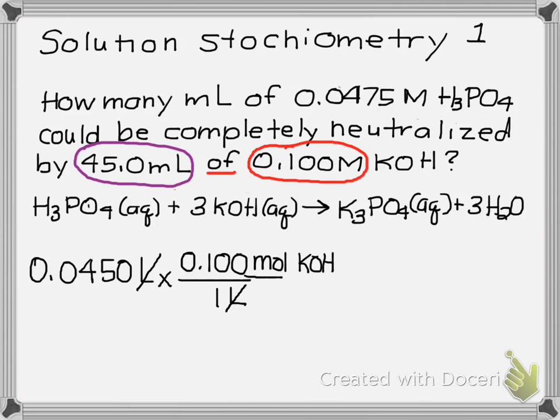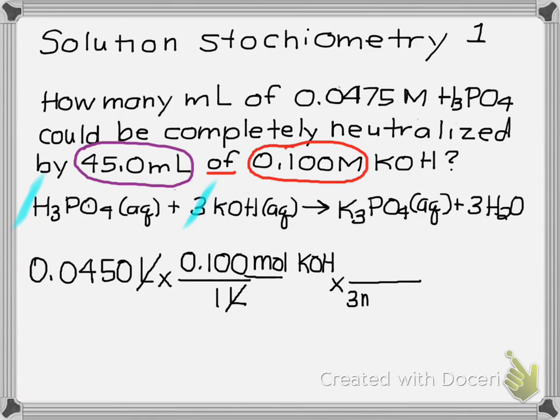Now that I have moles of KOH, I can use the ratio from the balanced chemical equation, which is 3 moles of KOH to 1 mole of phosphoric acid, in order to convert to moles of phosphoric acid. So I'm going to multiply by the mole ratio.